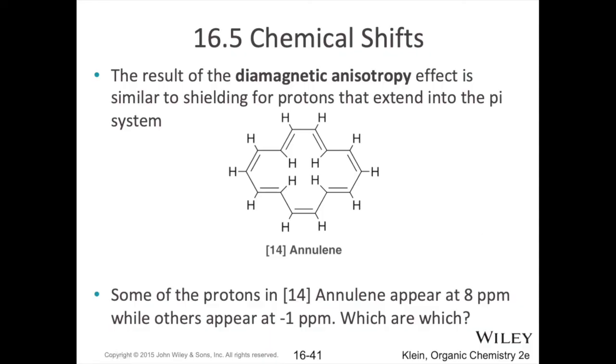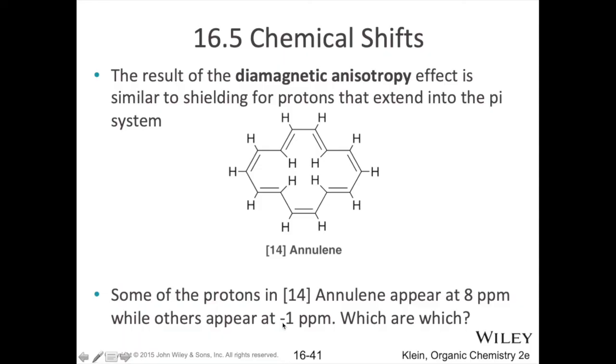Okay, this is, by the way, an example of that weird scenario where you have protons that are pointing towards the center of your aromatic system. So here we have 14 annulene, and these protons here are locked kind of pointing inwards. So while these protons on the outside are shifted downfield as you might expect, they'd show up between 7 to 8 ppm, these protons here in the middle actually show up somewhere around -1 ppm.